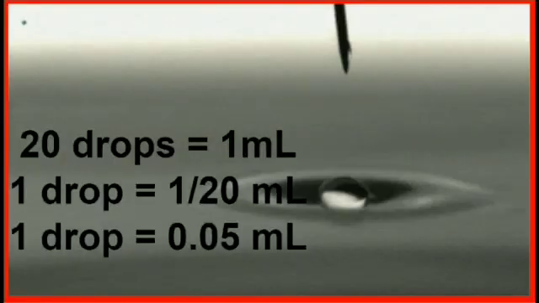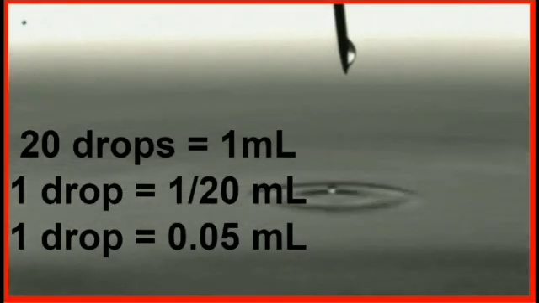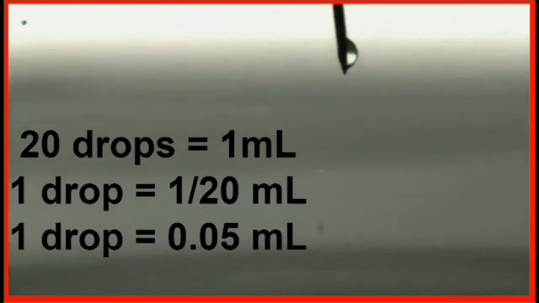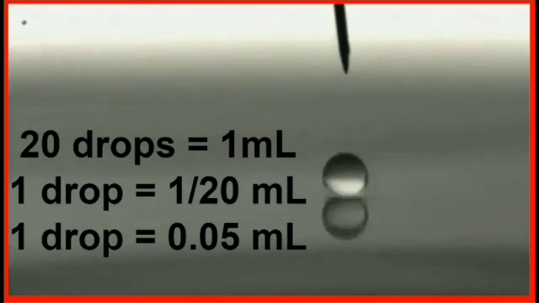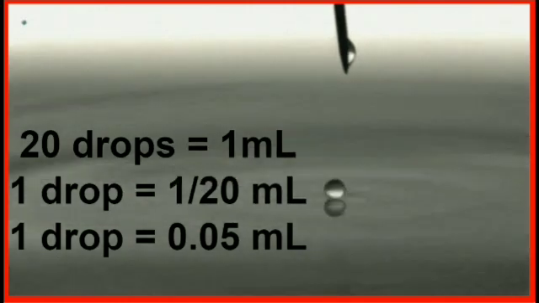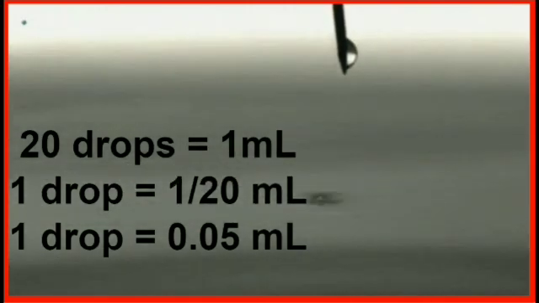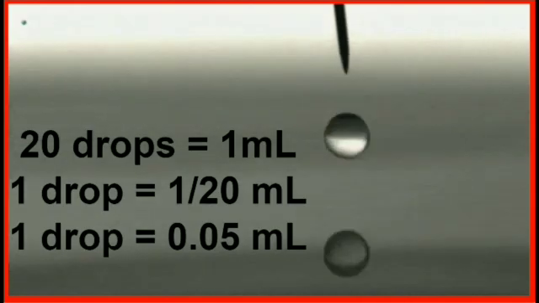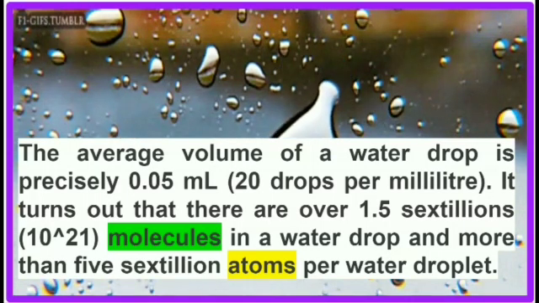There are 20 drops in 1 milliliter of water. Therefore, 1 drop measures 0.05 milliliter of water, and this 0.05 milliliter is the average volume of a water drop.